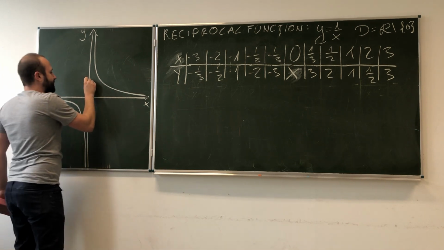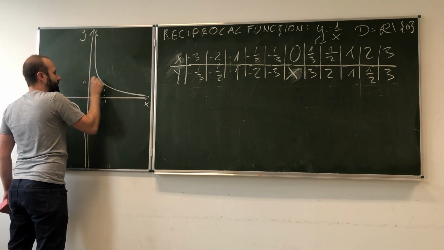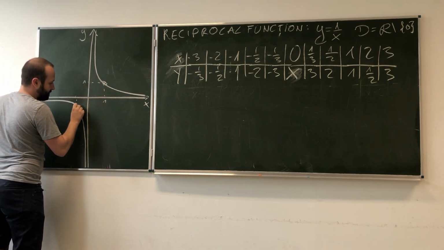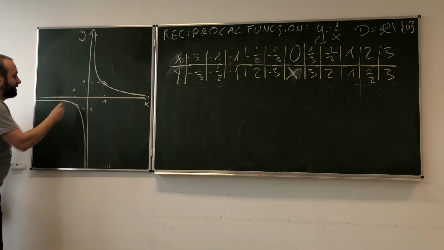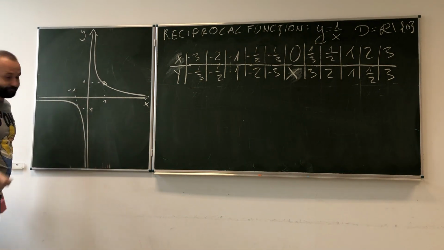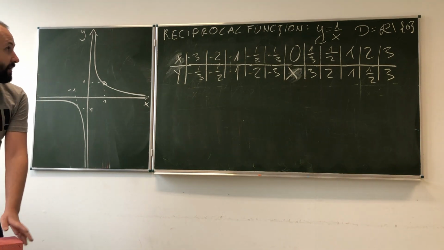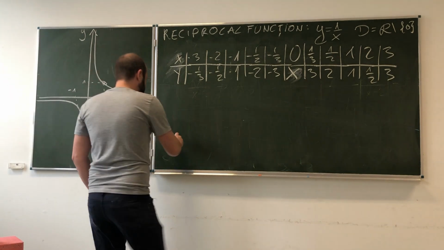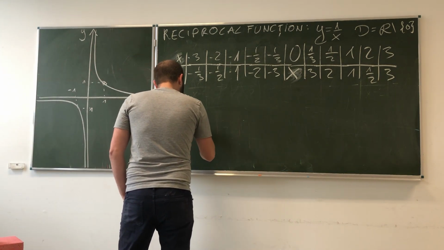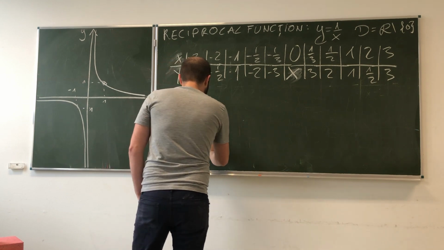And we know that this is the point 1, 1, and this is the point -1, -1. Right. Now what I wanted to do is to draw the function y equals 1 over x squared.